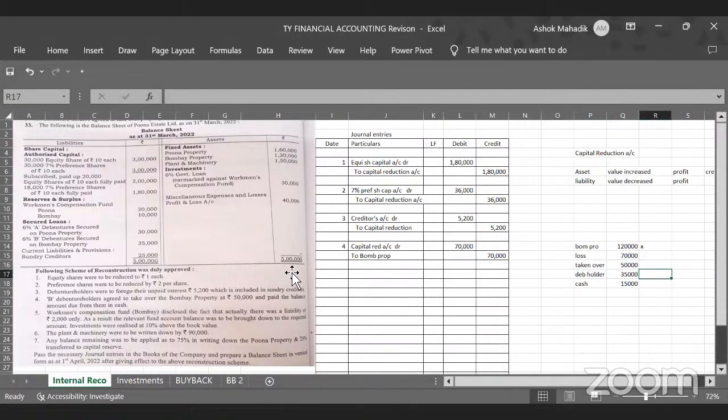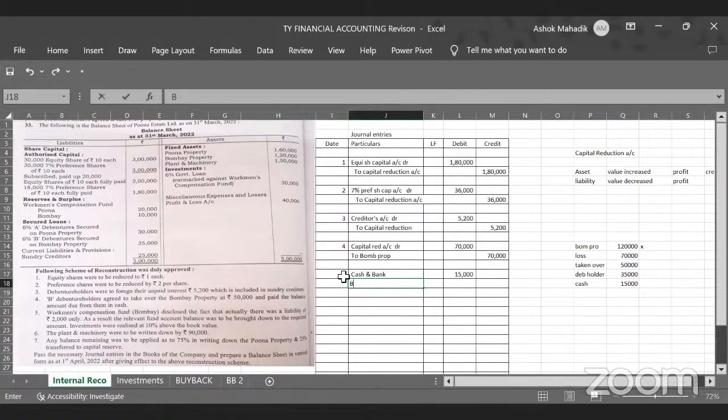Now what has happened? They are taking over this 50,000 worth asset, and they are paying us cash of 15,000. So I'll write cash and bank account debit. How much are we receiving? 15,000. Debentures always have a credit balance. Now we are cancelling them out, so they will be debited.